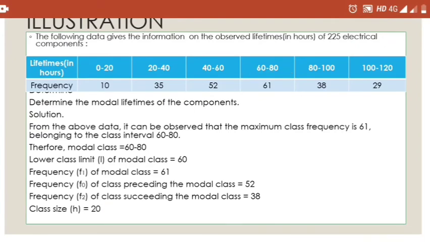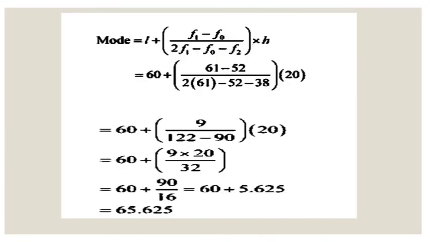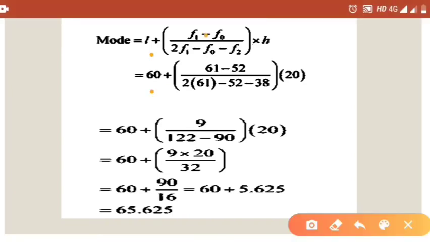Now we'll put all these values in the required formula of mode. After substituting the values, L is 60, f1 is 61, f0 is 52, and h is 20. First we'll solve these brackets because here we are applying BODMAS. After subtracting, we are getting 9 over here. 61 into 2 is 122, and subtracting, it will be minus minus plus, and the sign will be of minus 90 over here.